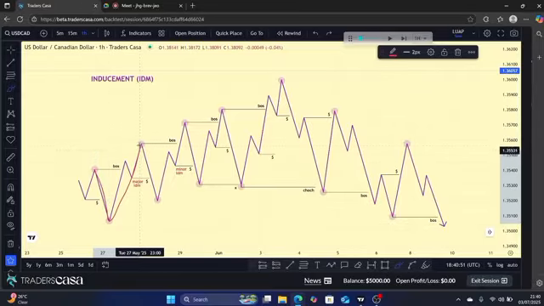When you see prices forming, so this one here is a higher high, assuming this one is the low, then price formed a higher high right here. After forming the higher high, it retraced down, of course, back to the range.